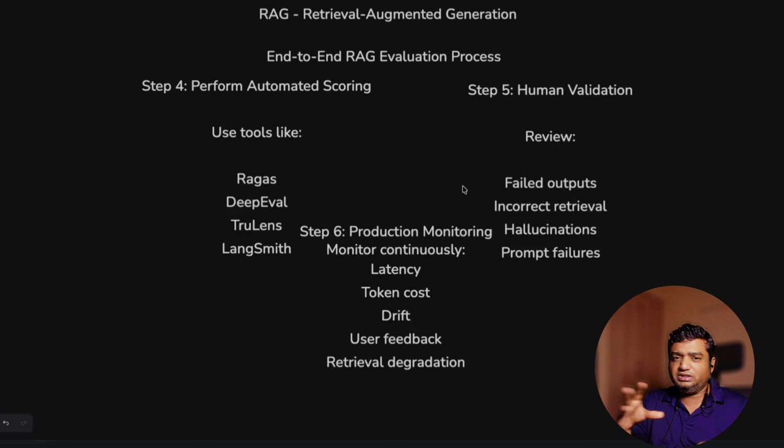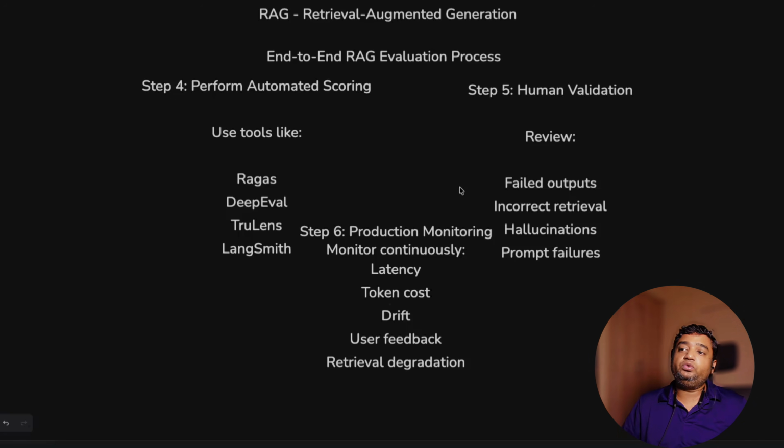By using all this strategy, you will be able to evaluate your RAG. The purpose of this video was to give you an overall view of how the RAG evaluation process works. This will also help you to clear the RAG interview. I'll come up with a separate video for RAG evaluation process specific questions, but this will also help you join the questions with my previous video and give you the overall RAG interview questions.